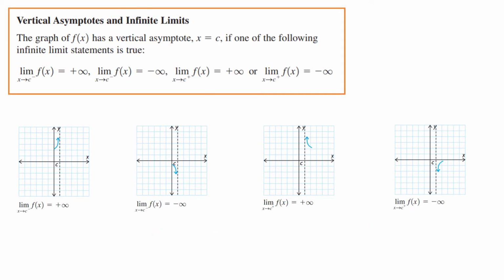We can also define vertical asymptotes from limits, which we did in the previous question with the behavior of the function. So if, when approaching a constant c from the left, I get the solution positive infinity or negative infinity, I have a vertical asymptote at x equals c.